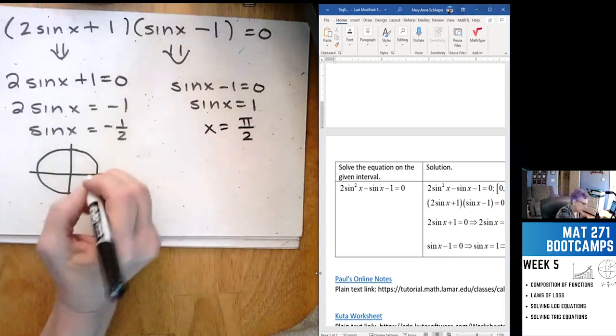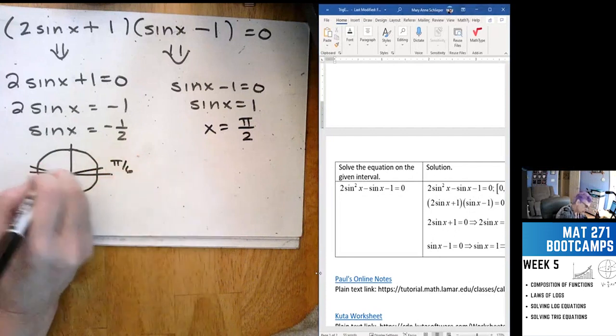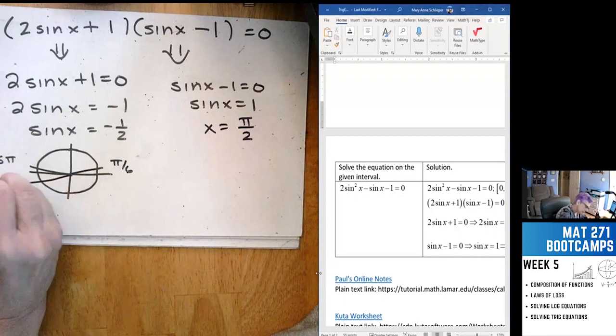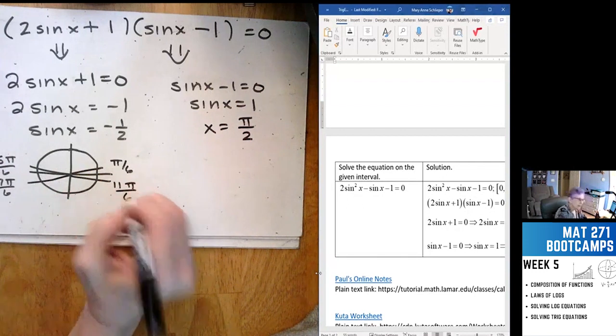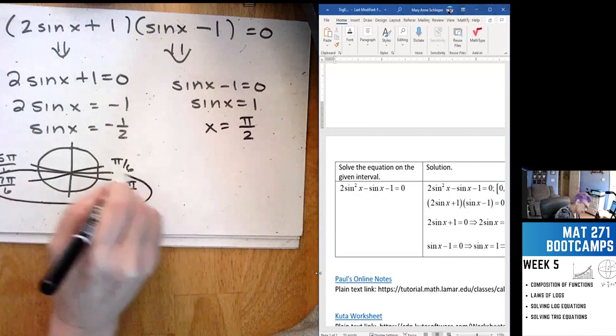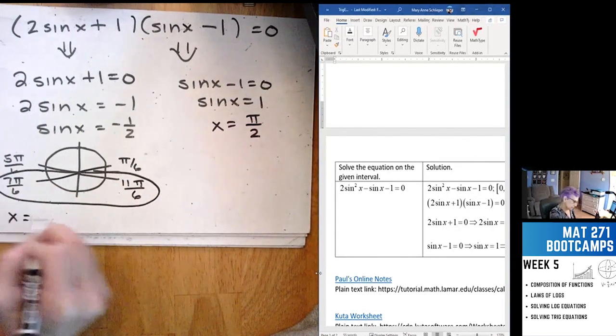Sine has the short leg at anything that has pi over 6. So pi over 6, 5 pi over 6, 7 pi over 6, and 11 pi over 6. And sine is negative when we are below the axis, so these are the winners.